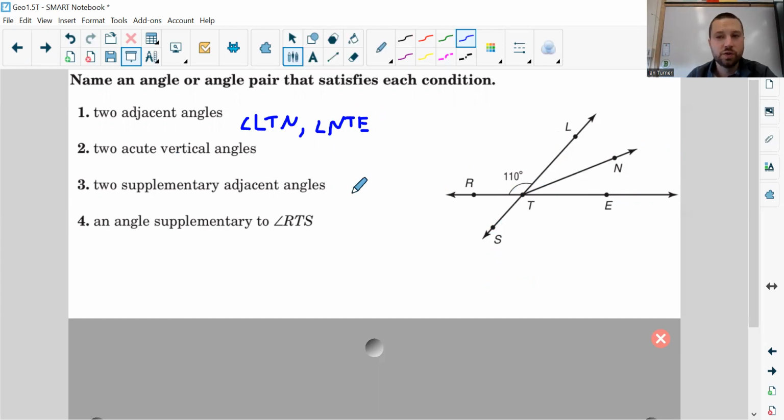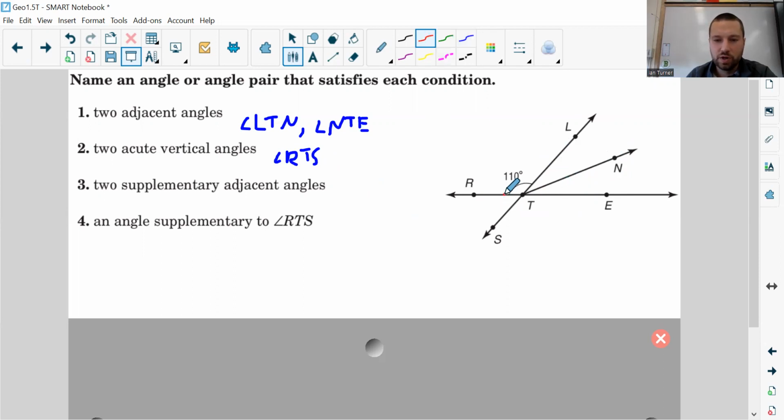Two acute vertical angles. Be careful on this one, right? RTS, we're going to use RTS. What is RTS vertical with? This ray is just bisecting this bit, but the vertical angle is the whole thing, right?